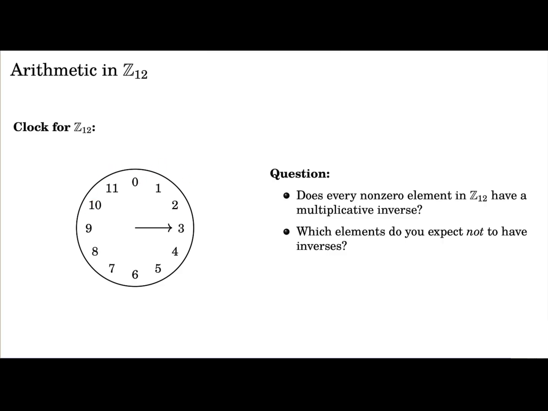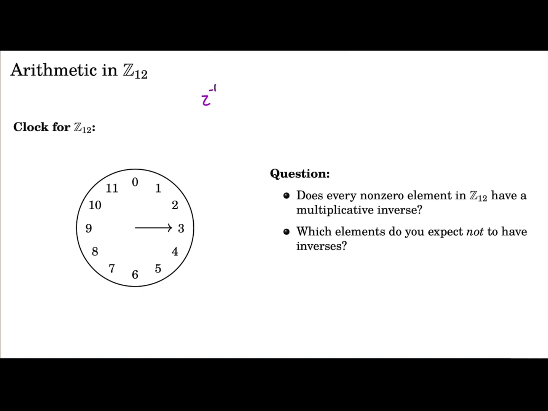Notice that 3 also divides 12. And so if you go by 3s, 3, 6, 9, 12, 3, 6, 9, 12, you're never going to reach 1. So there's no way. So here, if we list them, 2 to the minus 1 does not exist.